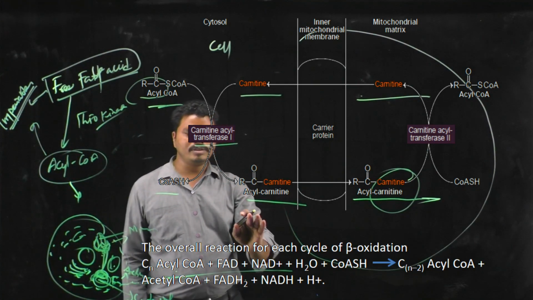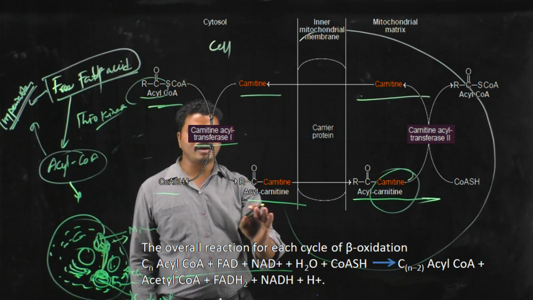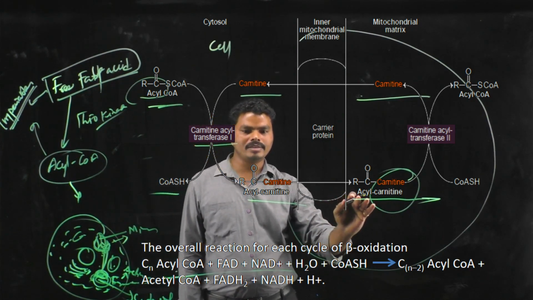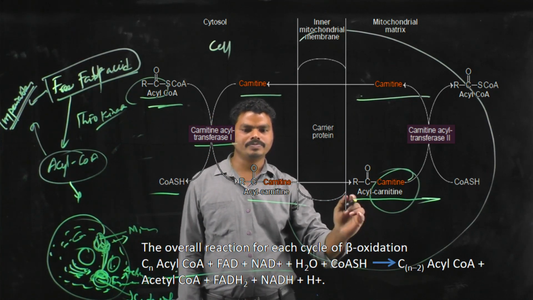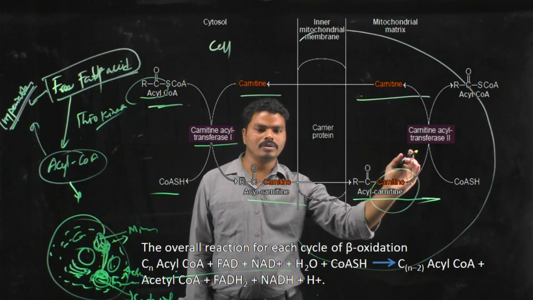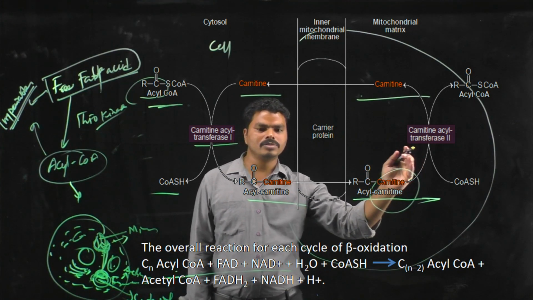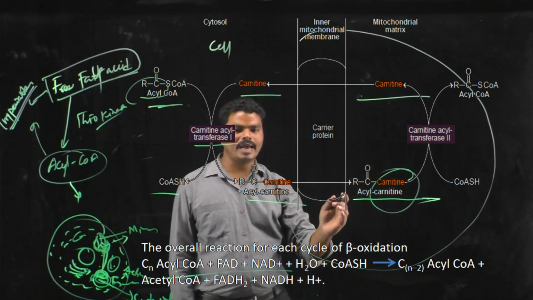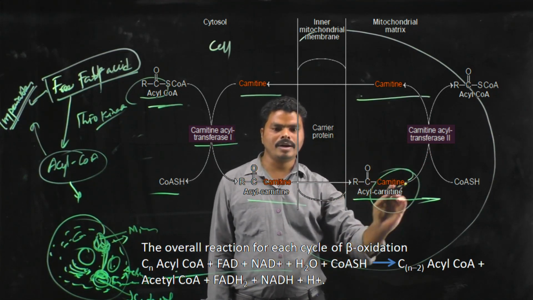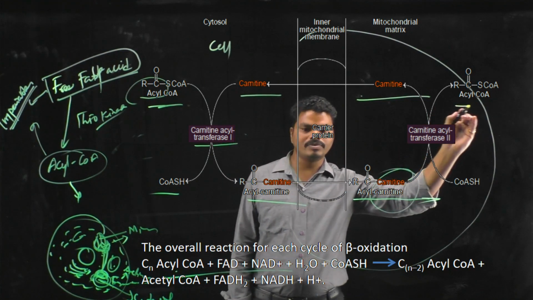So here we see that acyl carnitine will cross the mitochondrial membrane and enter the mitochondrial matrix. There is another enzyme, carnitine acyl transferase 2. By the action of this enzyme, the acyl group of carnitine is dissociated and acyl CoA is formed.